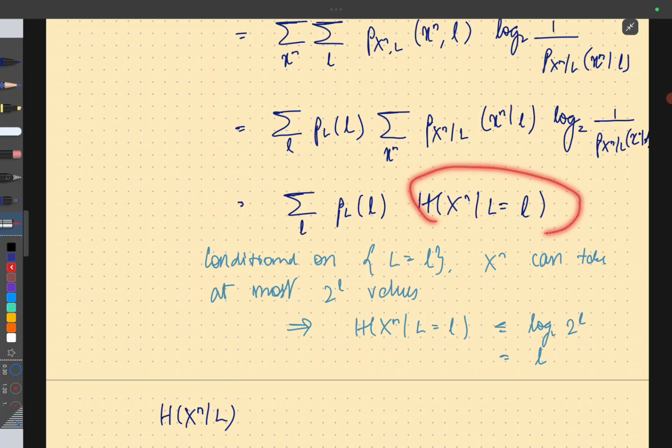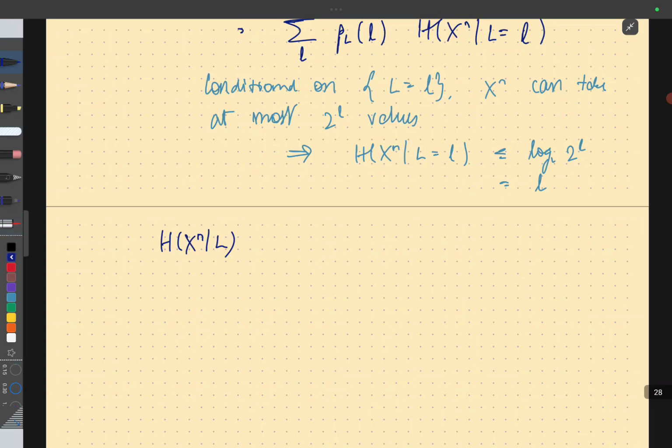But H of Xn given L equal to little l is the entropy of Xn given a particular event, that L equal to little l, right? So what we have essentially shown is that H of Xn given L is less than or equal to sum over all L, P_L(L) times little l, which is just the expectation of L, the expected code word length.